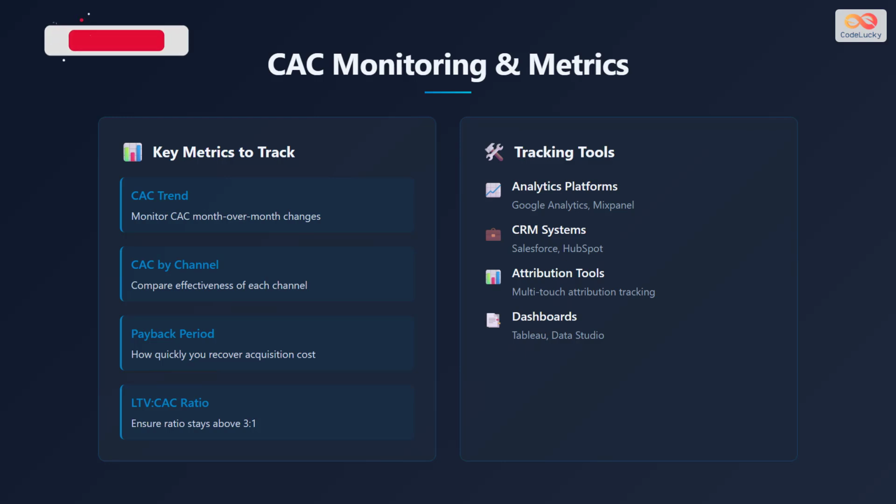Use analytics platforms like Google Analytics or Mixpanel, CRM systems like Salesforce or HubSpot, multi-touch attribution tools to track how customers find you, and dashboards like Tableau or Data Studio to visualize all this data. Regular monitoring helps you make informed decisions about where to invest your marketing budget.